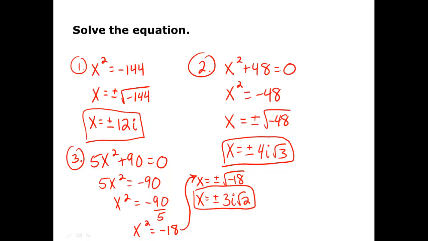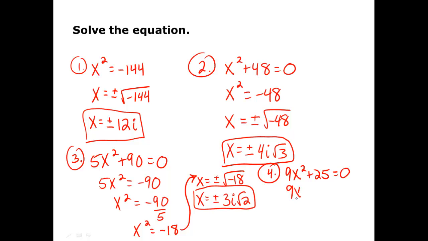Okay, and let's do one more. Number 4. 9x squared plus 25 equals 0. Now we do have some perfect squares here, which are always nice, but we're adding instead of subtracting, so it's not our difference of two squares formula.